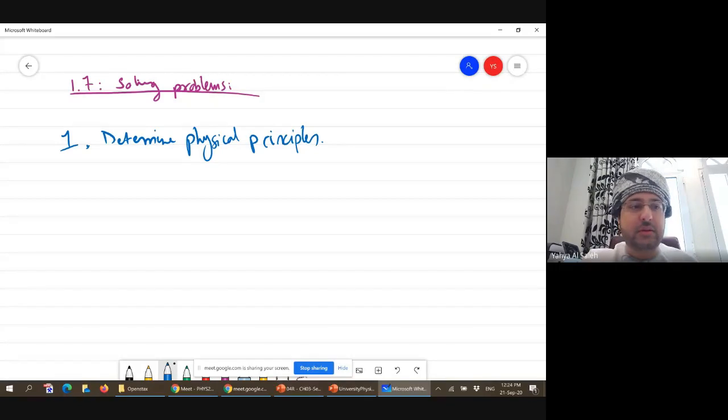Many times there are multiple equations that have the exact same variables in them, and you will see that in chapter 3 when we start doing motion in a straight line. We have 4 or 5 equations that do the exact same thing, so we need to figure out what exactly we're trying to do.